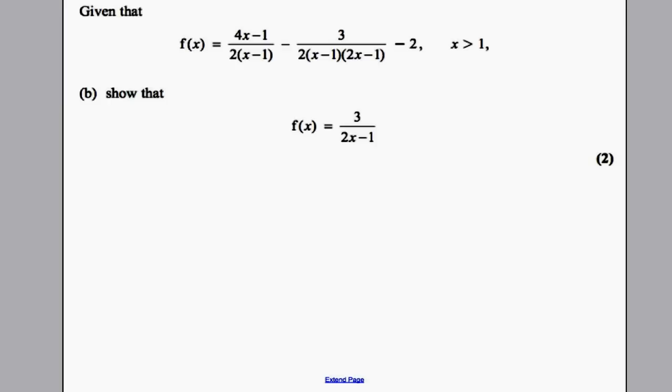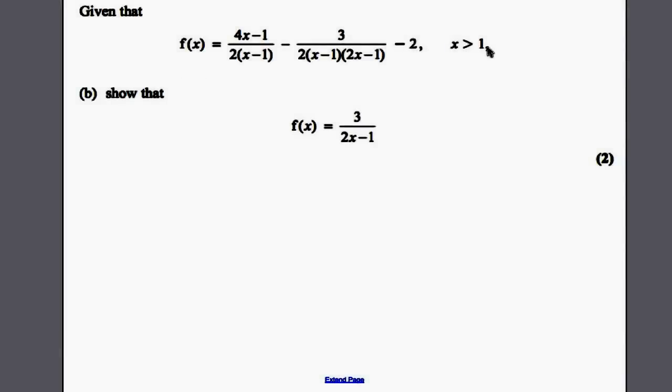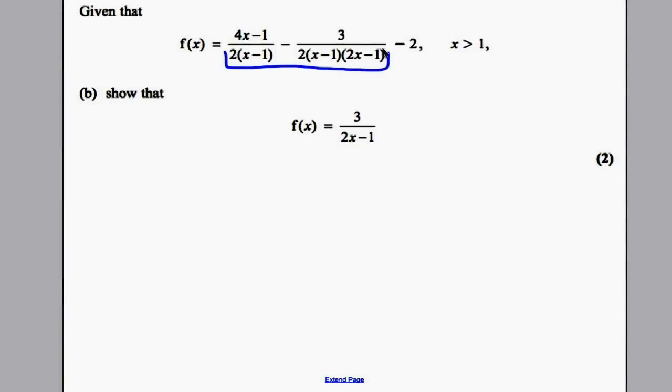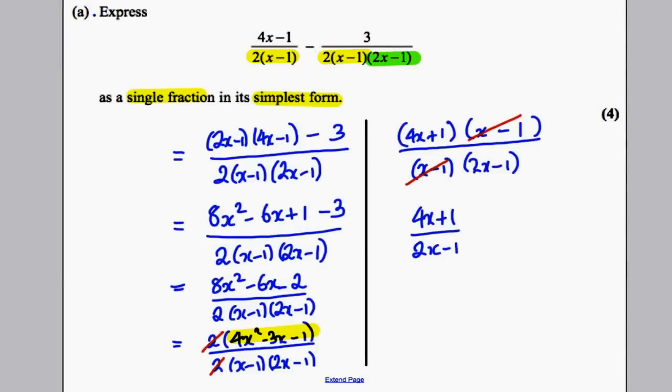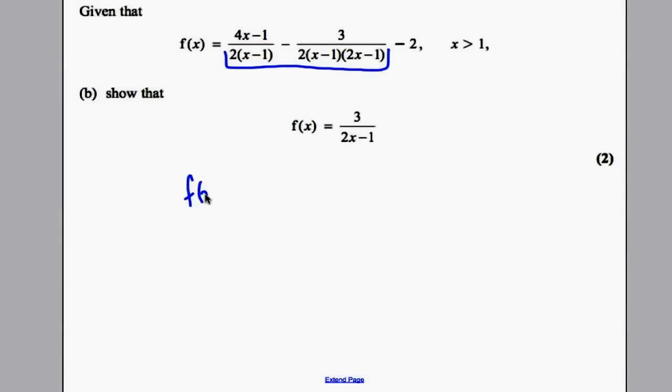Okay, part B. Given that f of x is defined to be this, for x bigger than 1, show that f of x can also be written as this. Now, surely you will realise from part A that all of this you can write now as 4x plus 1 over 2x subtract 1. So f of x, this part of it, could be written as 4x plus 1 over 2x subtract 1.